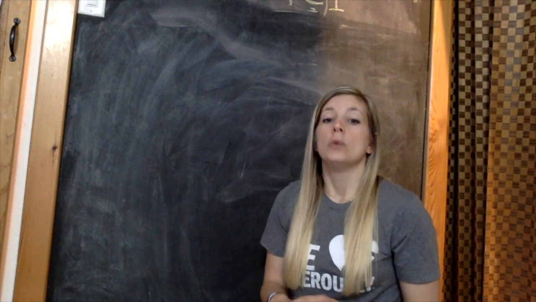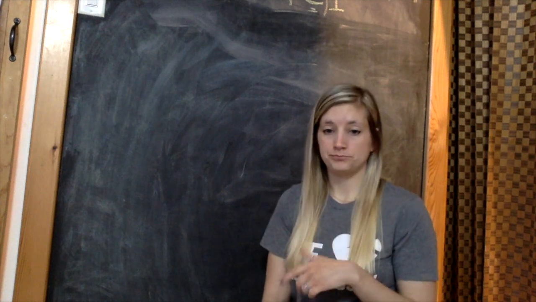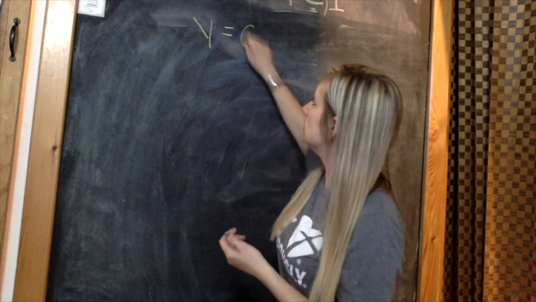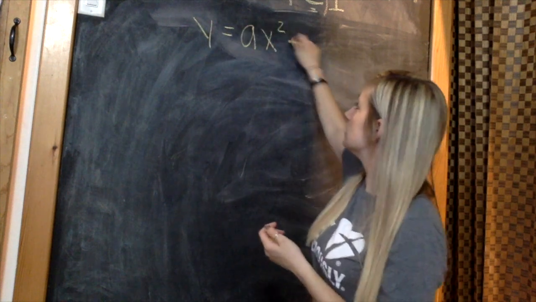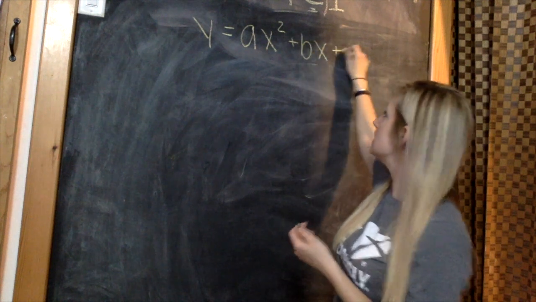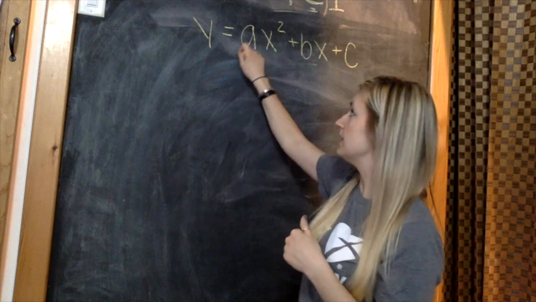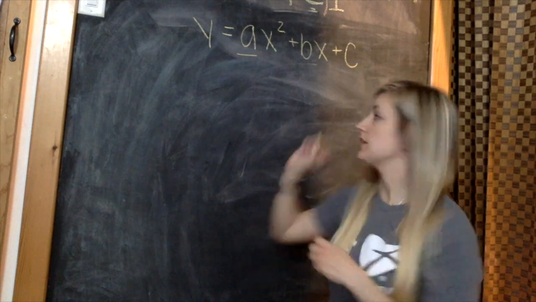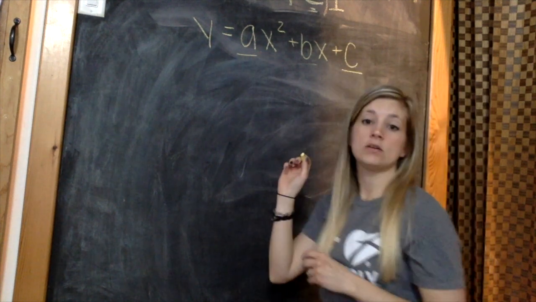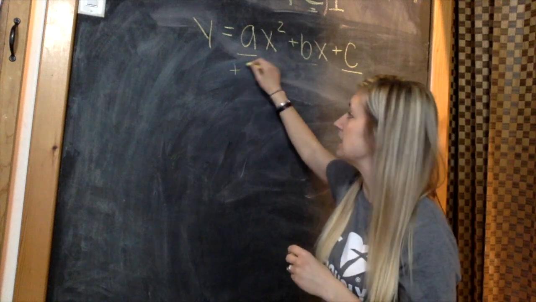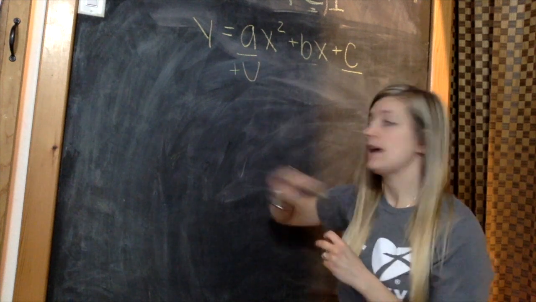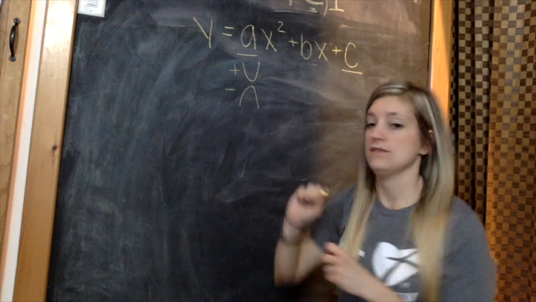Okay, so we left off on y equals ax squared plus bx plus c. I know that we covered a lot of this. We covered everything that A is, and everything that B is. We said that if A is positive, it's concave up. If A is negative, it's concave down.